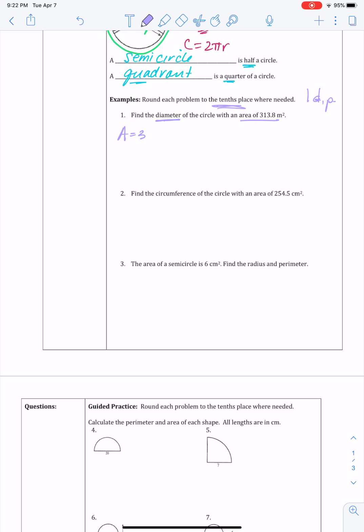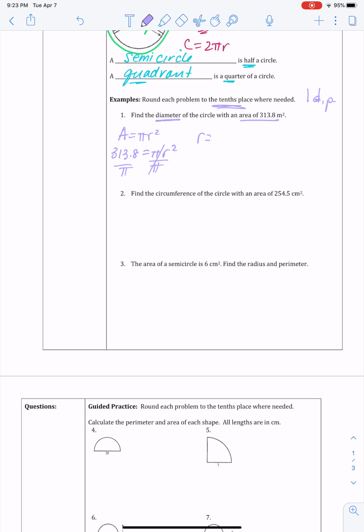So area equals 313.8. Let me erase that, I wrote that wrong. Area equals pi r squared. 313.8 equals pi r squared. I'm going to divide by pi.